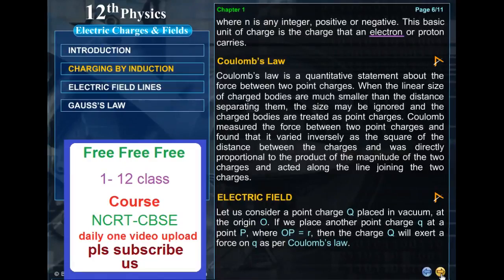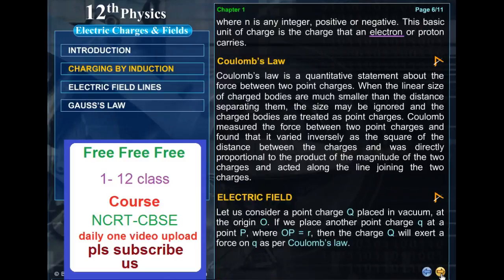Coulomb's law is a quantitative statement about the force between 2 point charges. When the linear sizes of charged bodies are much smaller than the distance separating them, the size may be ignored and the charged bodies are treated as point charges.